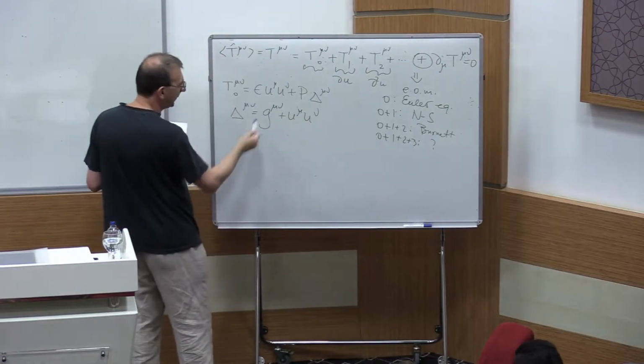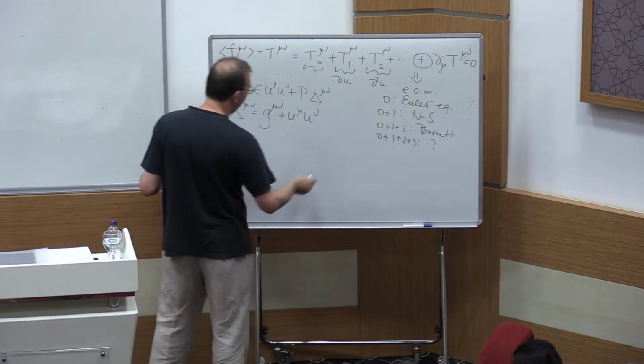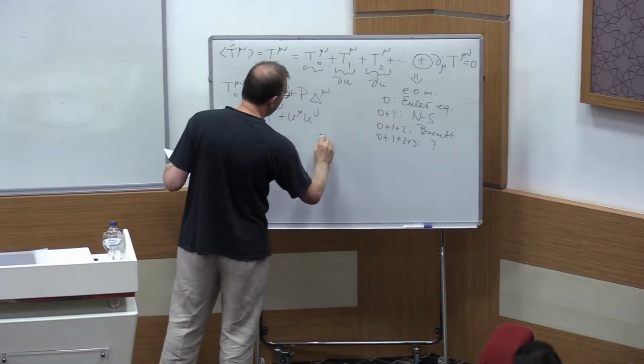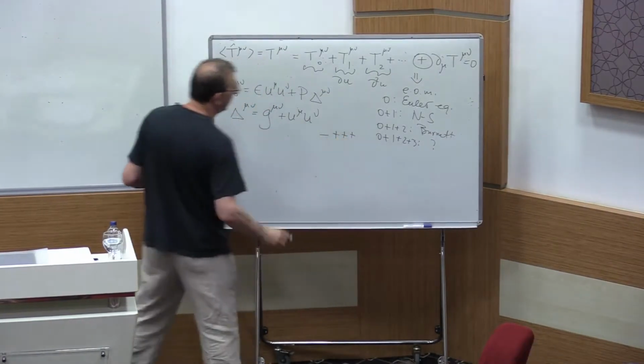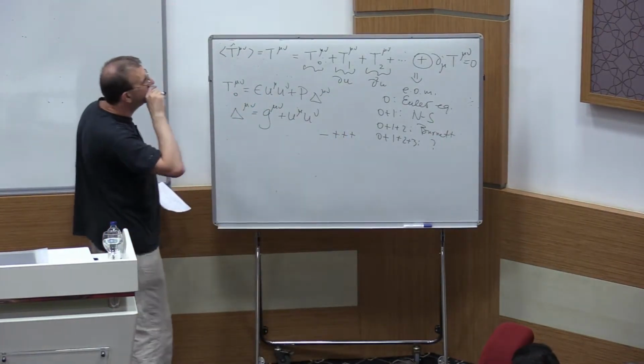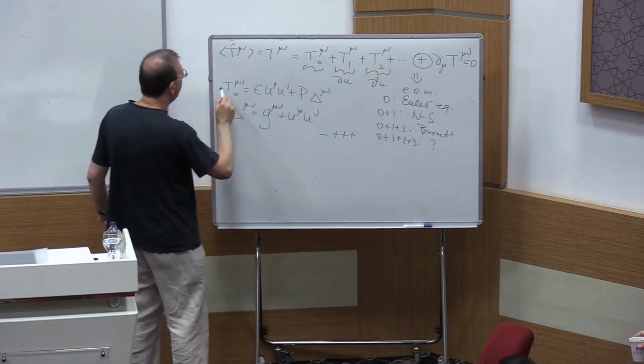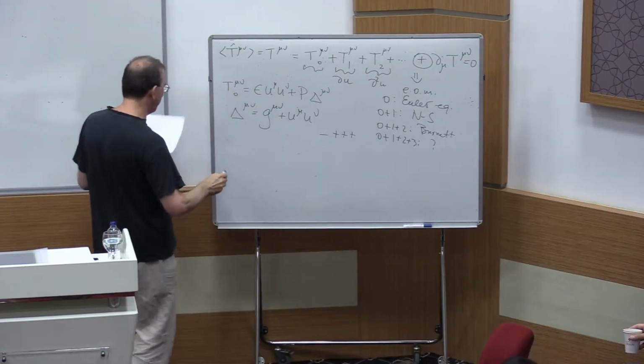So it's g^{μν}, but it would be Minkowski if we use flat space-time. And I remind you that our signature is minus plus plus plus, unlike in particle physics, because we are using string theory and gravity. All right, so this is T_0, and then we had expression 41.